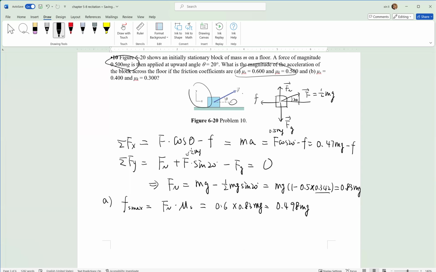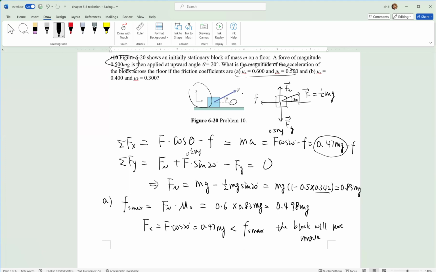You can see this 0.47 is smaller. So your Fx, which equals F cosine 20, that is 0.47 mg, is less than Fs maximal. So the block will not move, right?